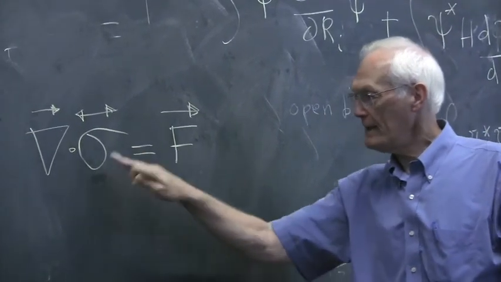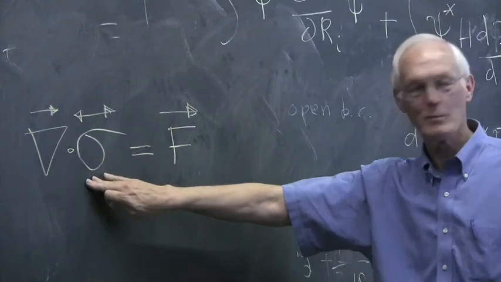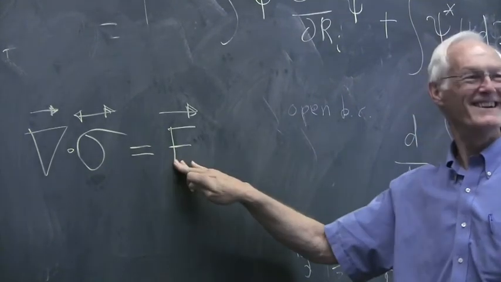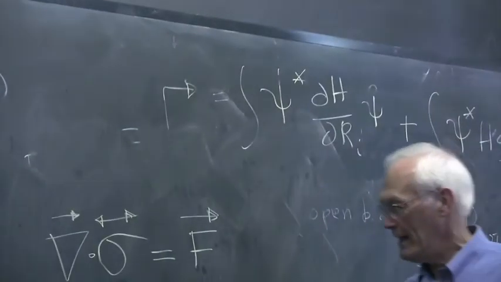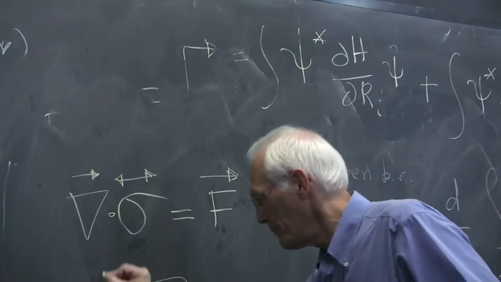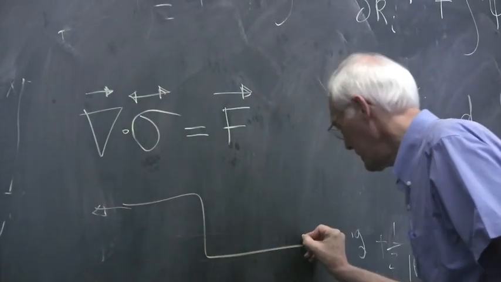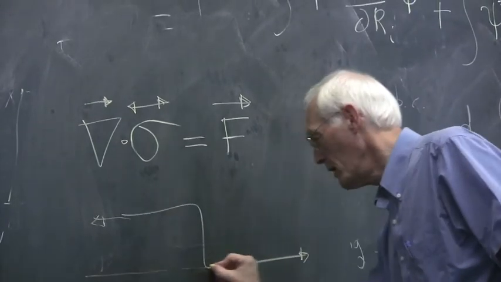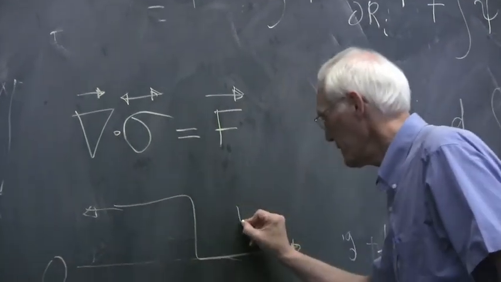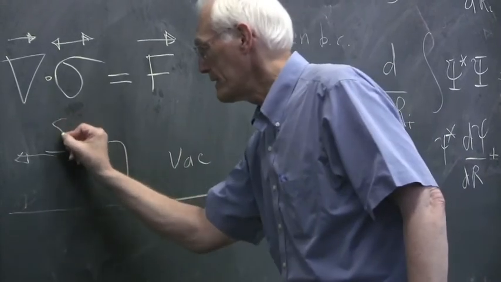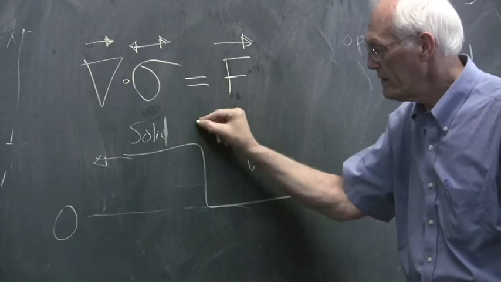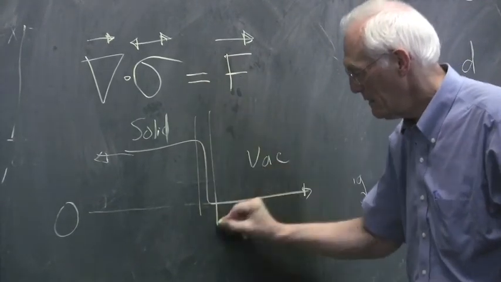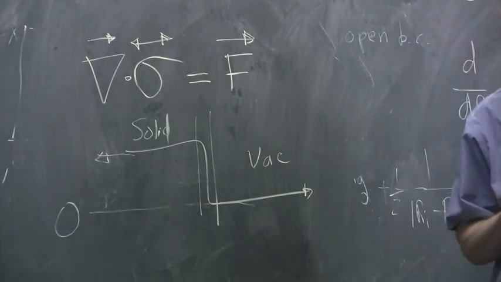So this would say in a big system, the stress would be constant on the inside and only not constant at the surface. For example, if you have a surface that goes from inside to outside, and this is 0, vacuum, solid, then the only place where there's a divergence is right at the surface.